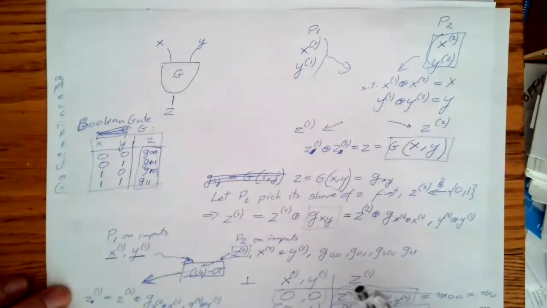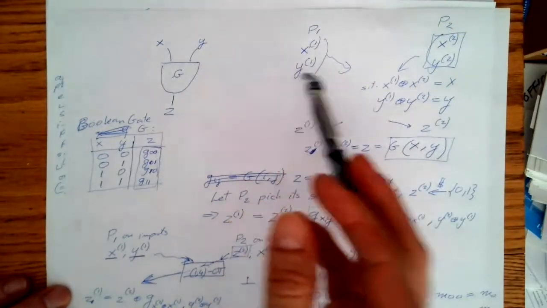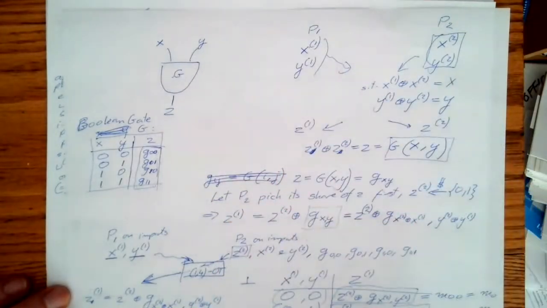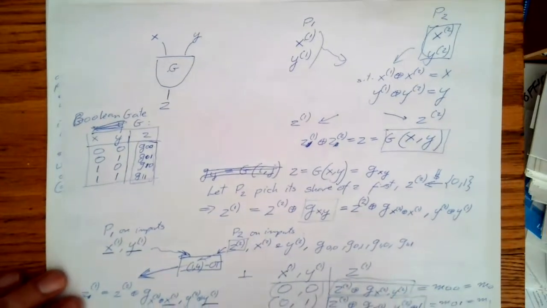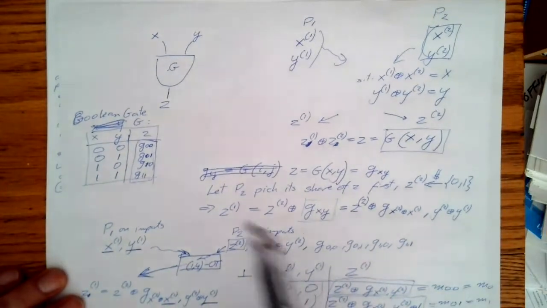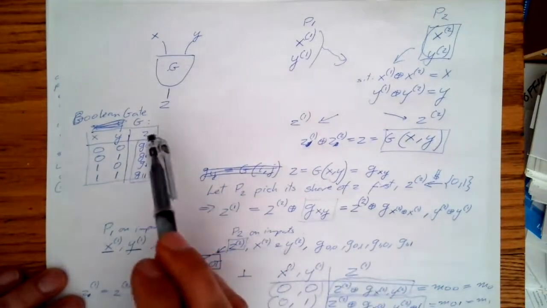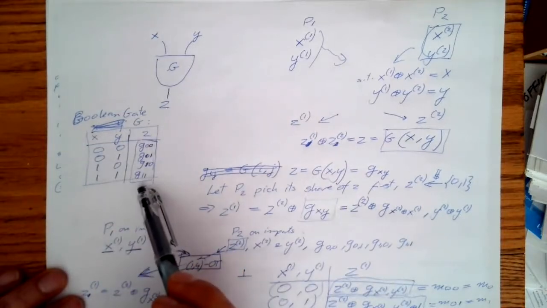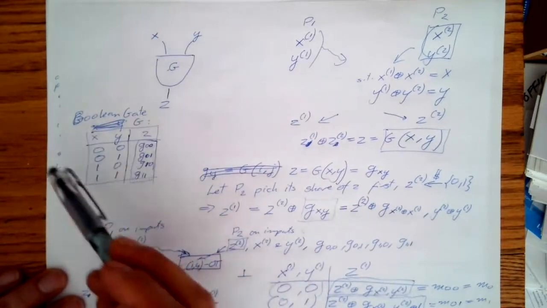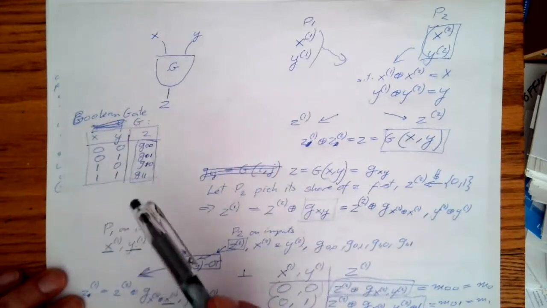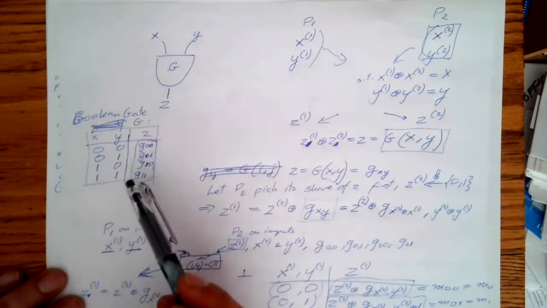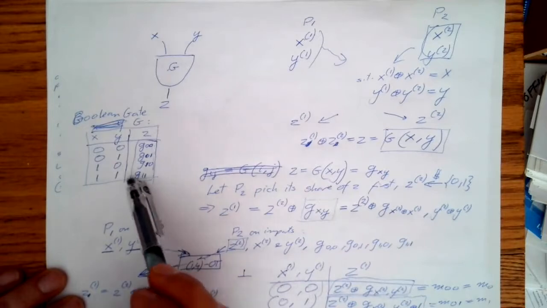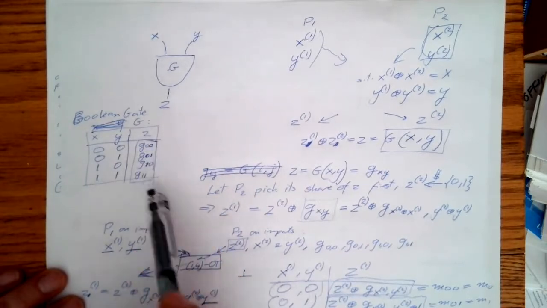This was an asymmetric protocol. We treated one of the parties as a manager, so to speak, of this lookup table, because thankfully the lookup table is in some sense public, right? Because these are Boolean gates, and everybody knows which gate we're computing, whether it's an AND gate or a NOR gate or a NAND gate or whatnot. So this table is defined.